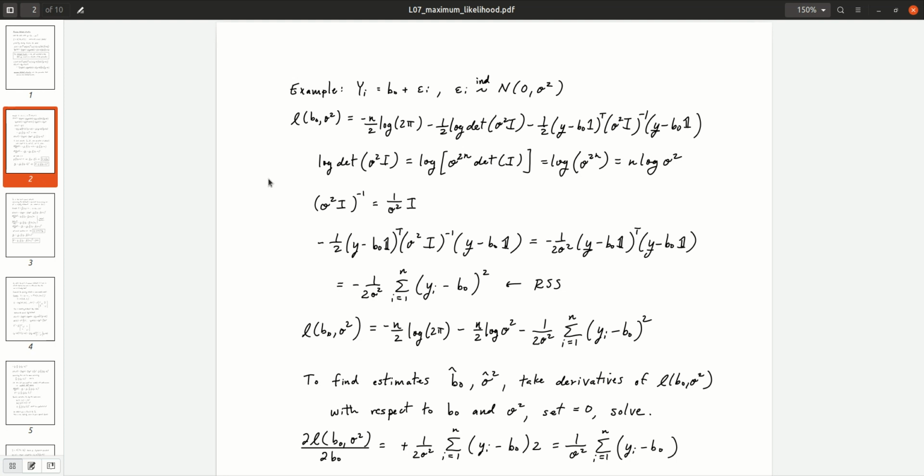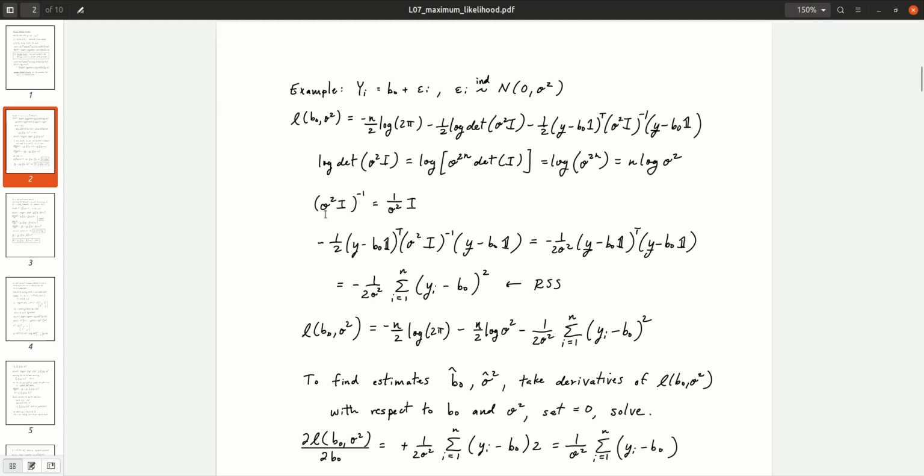So this becomes log of sigma squared to the n times the determinant of the identity matrix. The determinant of the identity matrix, since it's a diagonal matrix, is just the product of 1, n times. So that's just 1. So the log determinant of this matrix is log sigma to the 2n, which is n log sigma squared.